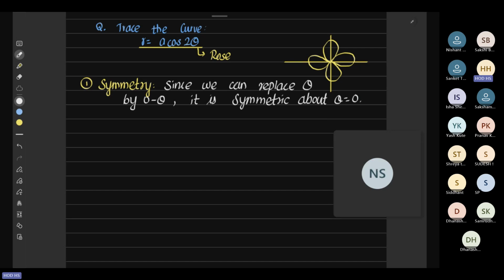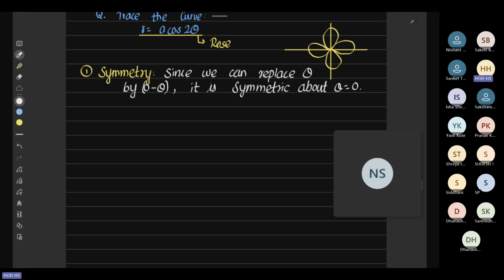Notice that we are replacing theta by 0 minus theta. So it is symmetric about theta is equal to 0, or the initial line.